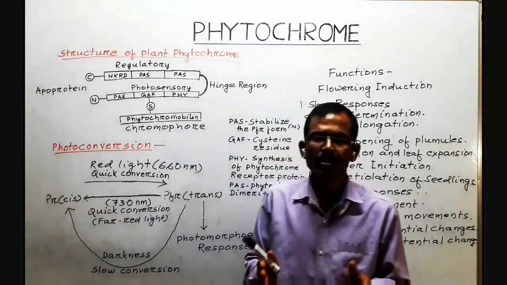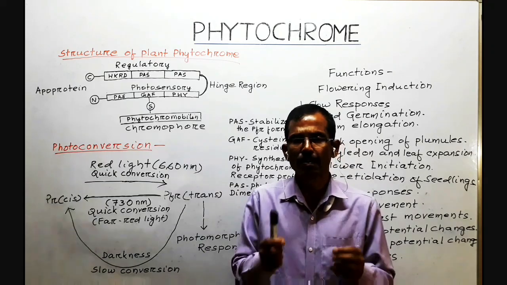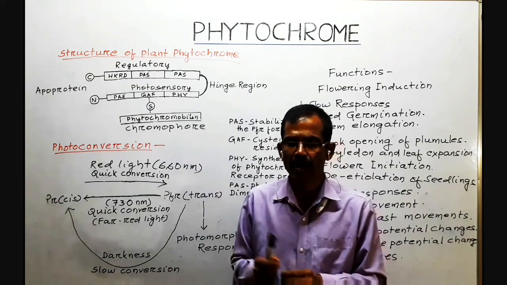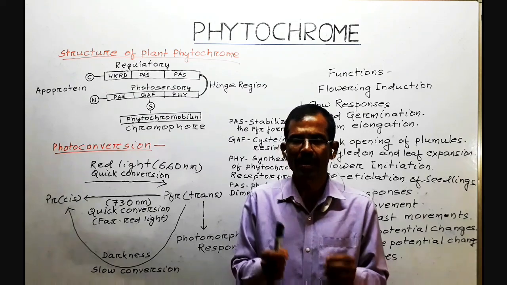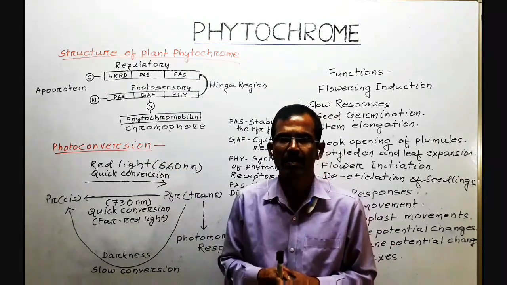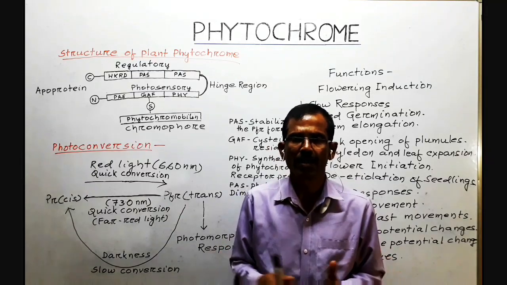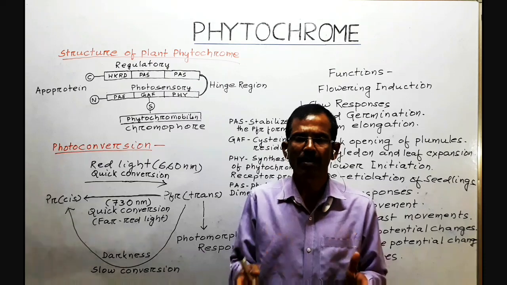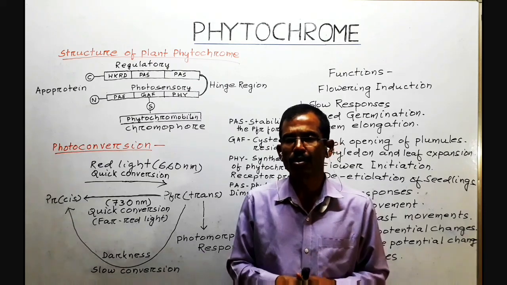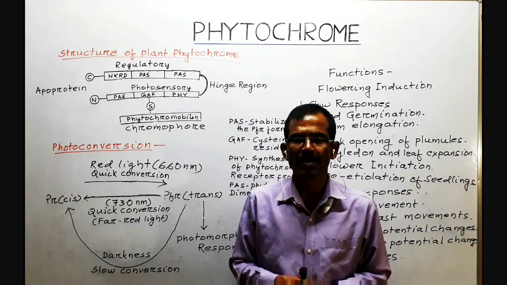This interconversion of phytochrome between Pr and Pfr in response to red light and far-red light is called photoconversion. So by undergoing photoconversion between two interconvertible forms, phytochrome brings about morphogenetic responses in plants.